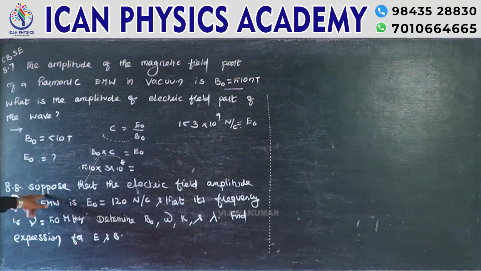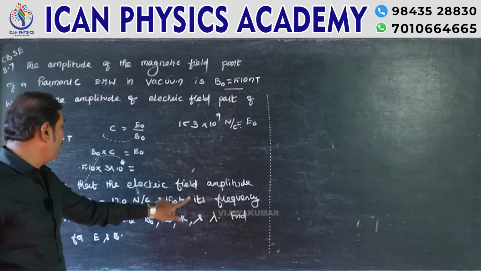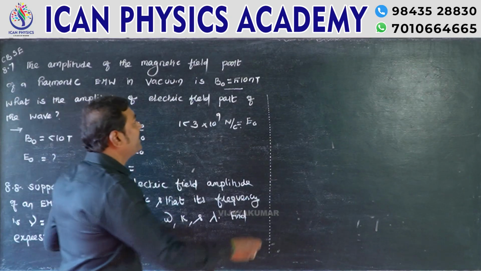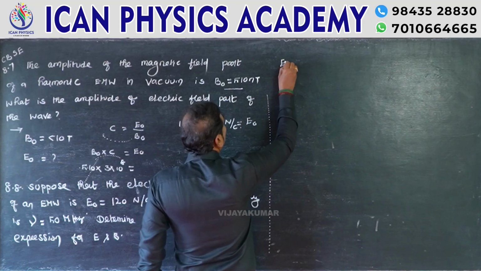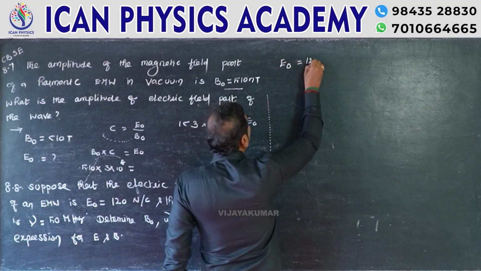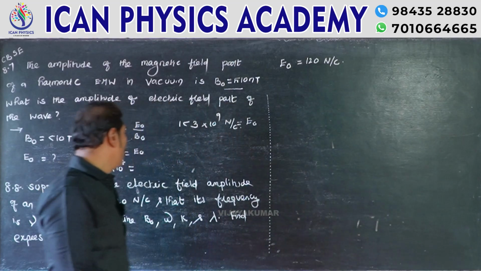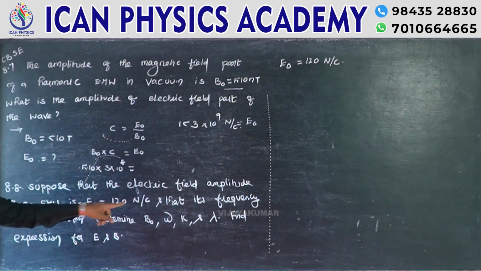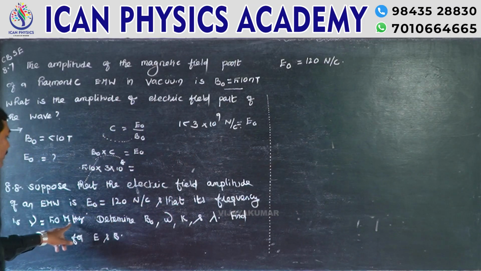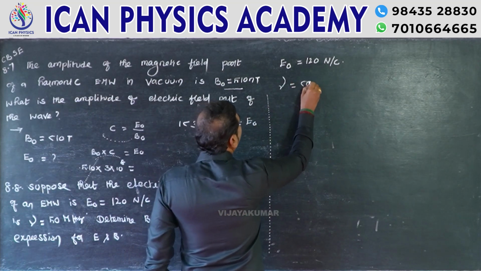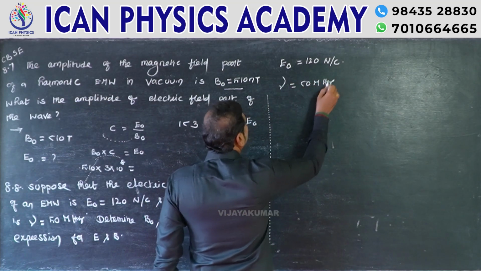Suppose that the electric field amplitude of an electromagnetic wave is 120 Newton per coulomb, and its frequency is 50 megahertz.